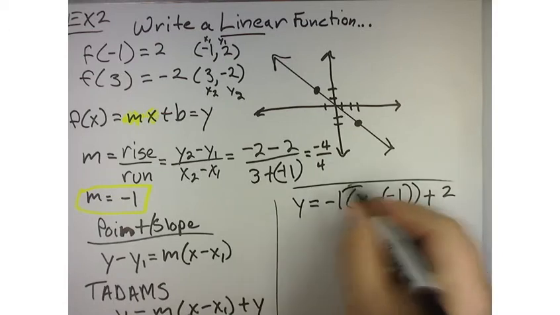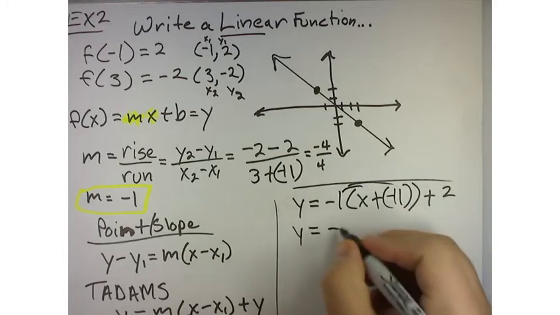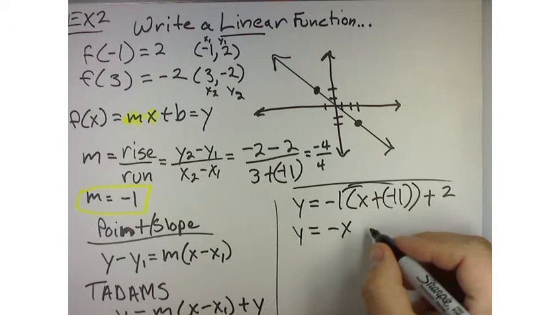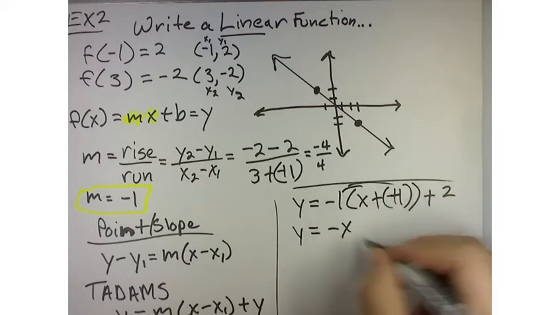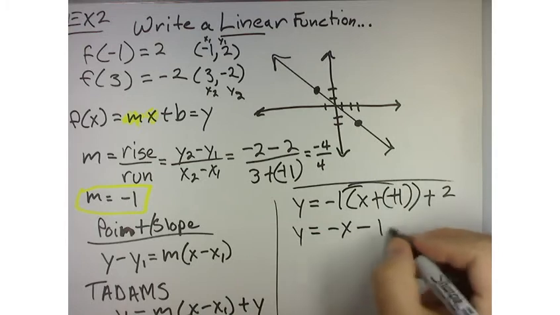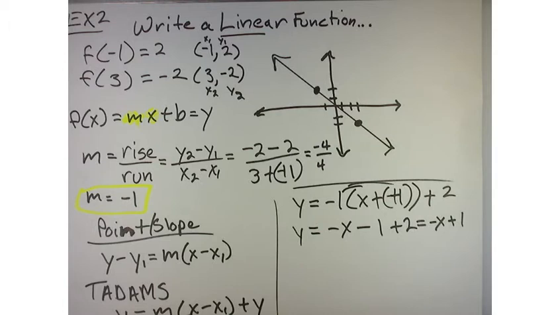Push this through the parentheses. When you minus a minus, it becomes a plus. So I get y is equal to negative x minus 1 times plus 1 is actually minus 1 plus 2, or negative x plus 1, right? Did I do that right?